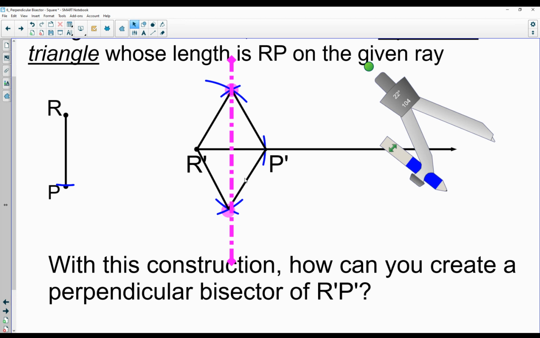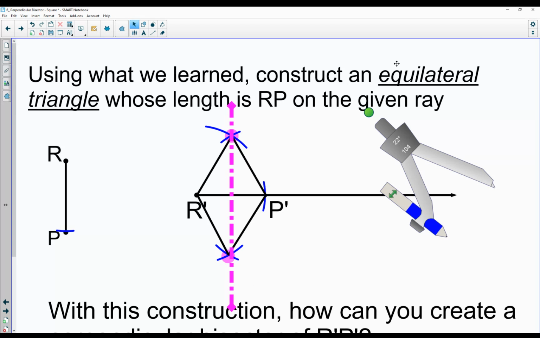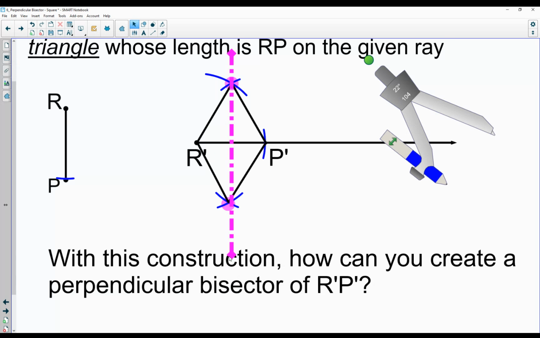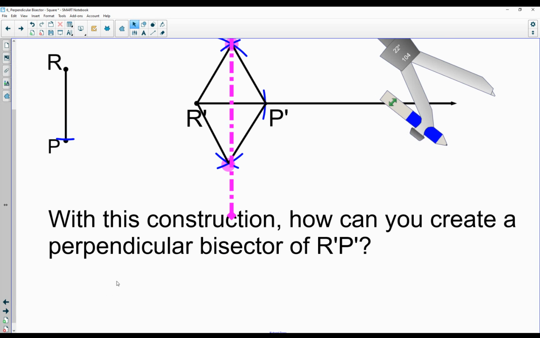We are going to write these steps down, but just remember that what we actually used was the construction of an equilateral triangle, and the additional steps was to have arcs above and below. All right, so let's write it right here. How did you create the perpendicular bisector of R prime P prime?